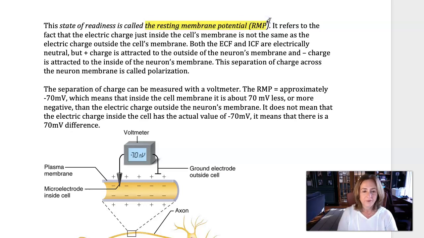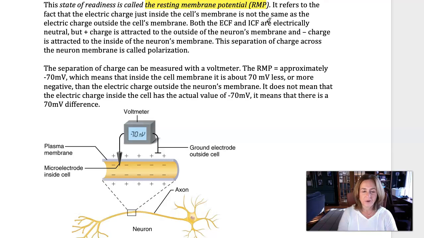What it refers to really is this difference in charge across the neuron's membrane. In this picture in the book, they're showing us a voltmeter. You can see that they're placing one electrode outside of the neuron membrane and one electrode inside of the neuron's membrane.